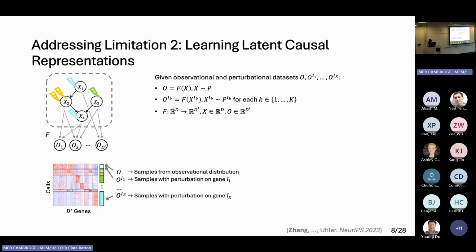So the XIK under those perturbational data sets would be sampled from PIK. And PIK has only very limited constraint change from P, where it has to be the case that for the perturbed dimensions, the effect only propagates downstream. And then this F function is shared between the control and the perturbed distribution.